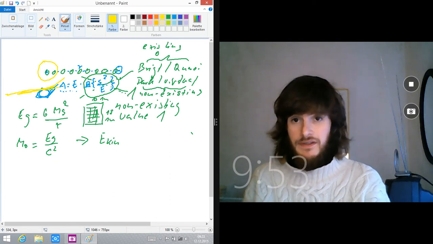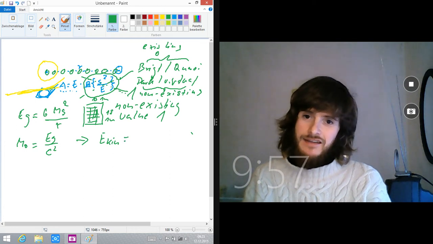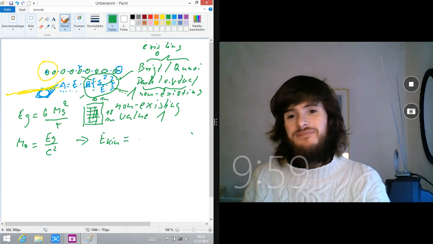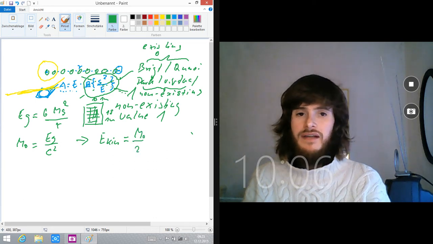So here we have the kinetic energy. The kinetic energy with the restness is m0 squared v squared.